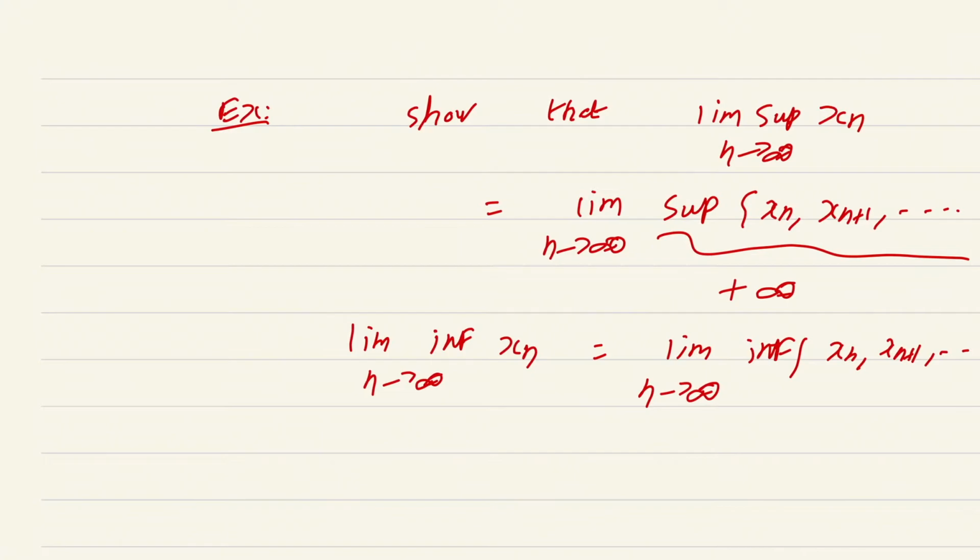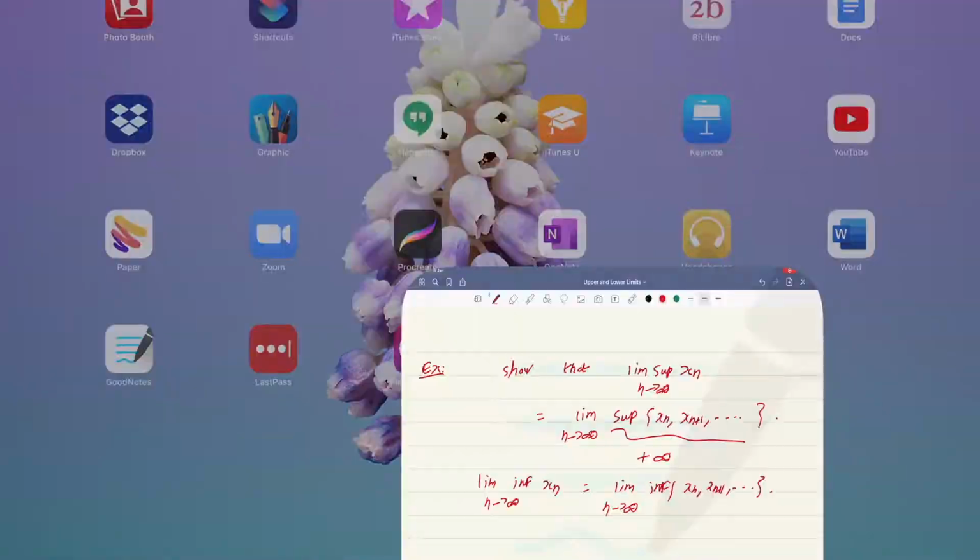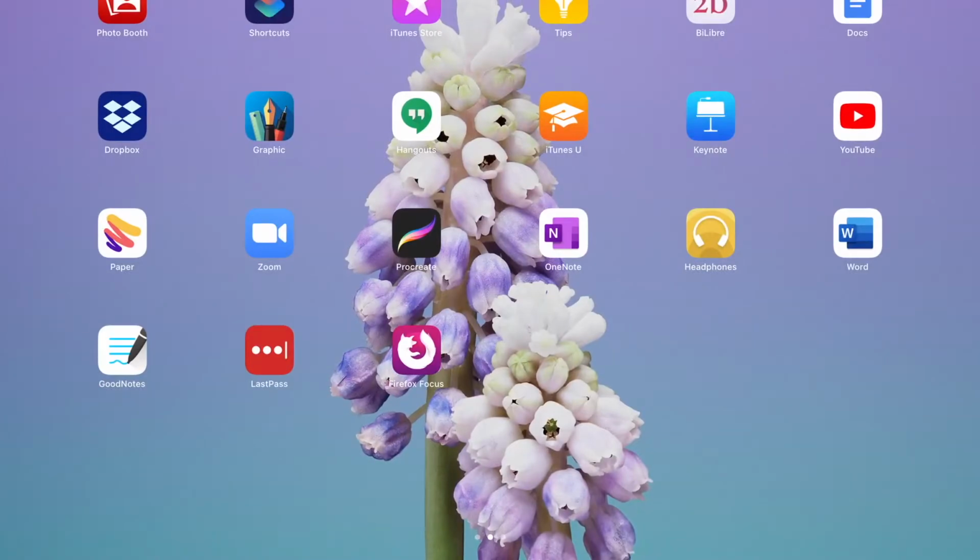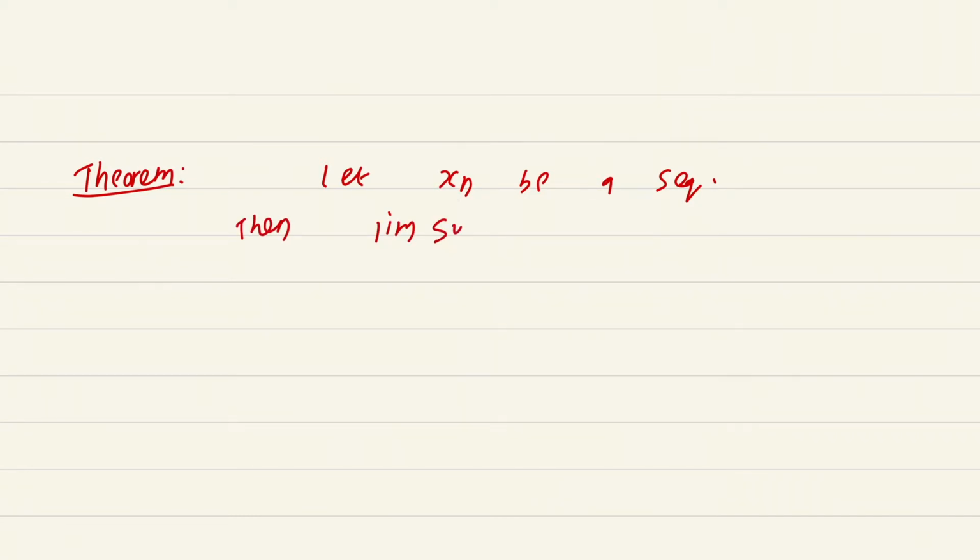Now about characteristic properties, there is a very good characteristic property of limsup and liminf that you must know, and this formulation is what is used in proofs most often. Theorem: let xn be a sequence, then limsup of xn as n goes to infinity has the following two properties.